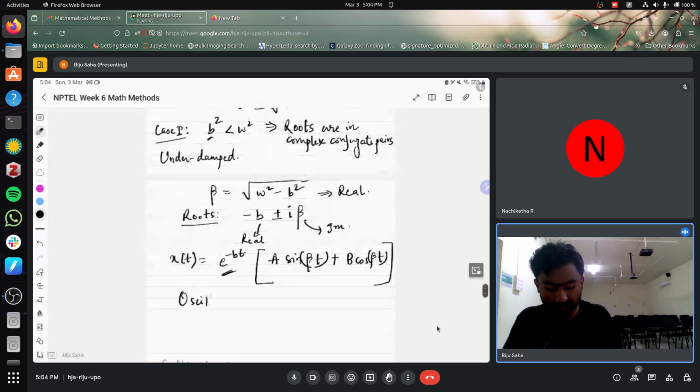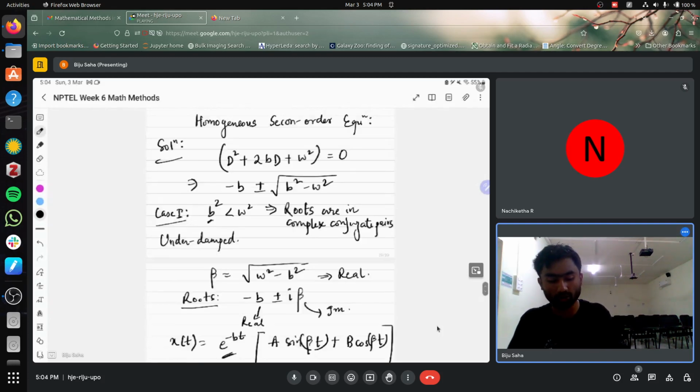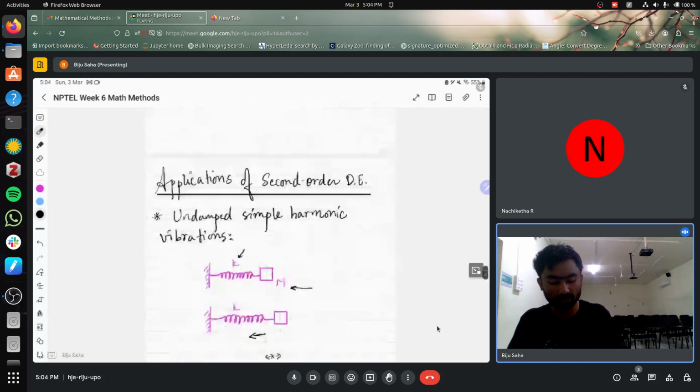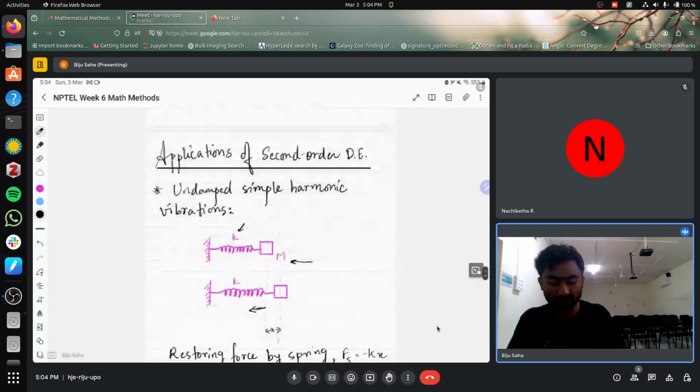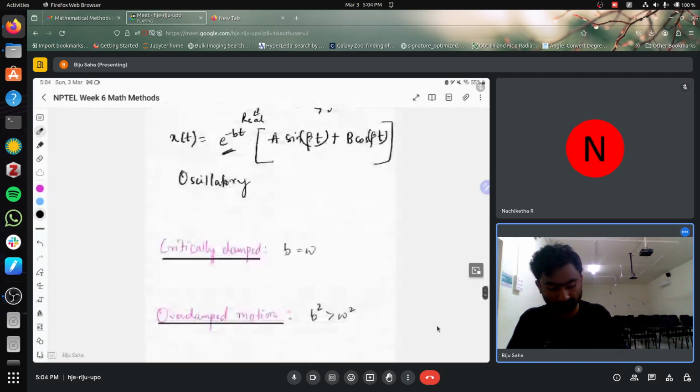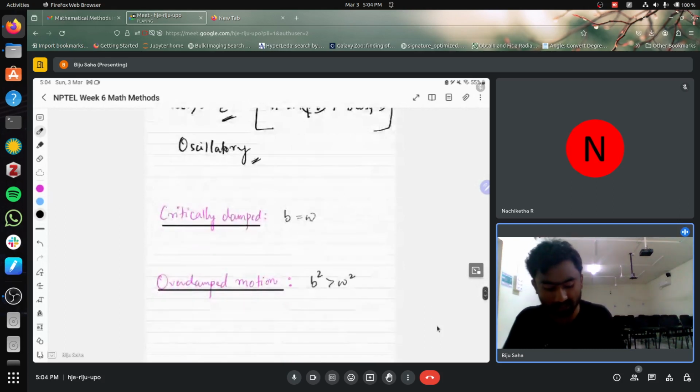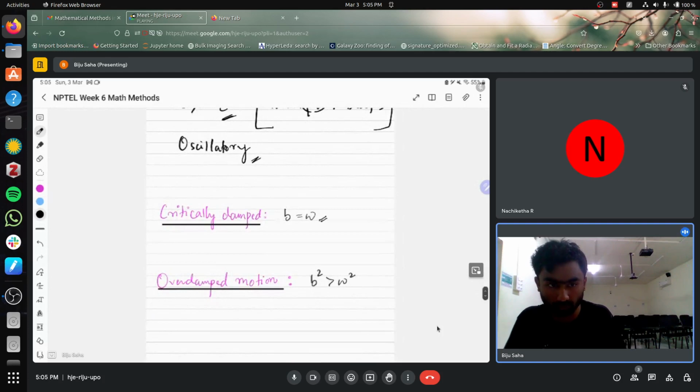So for the case of underdamped motion, the motion of this block continues to be oscillatory. Now the other two cases are when b becomes equal to omega and when b becomes greater than omega. So we will discuss these two cases more.